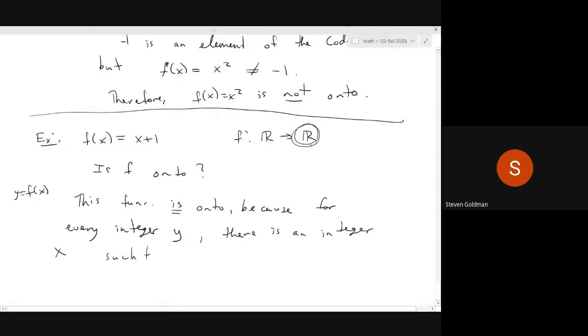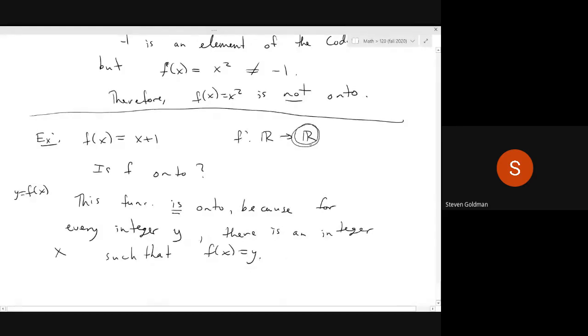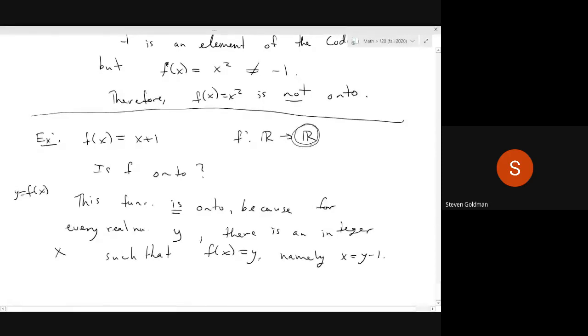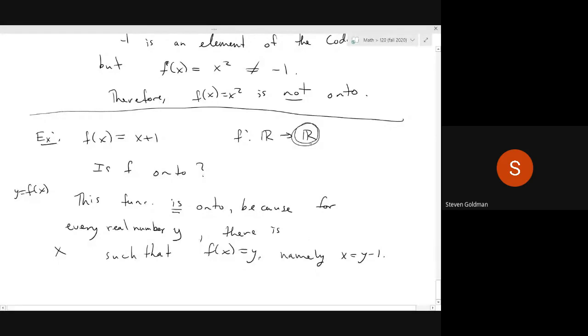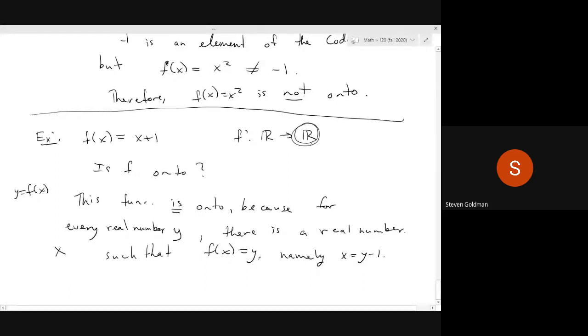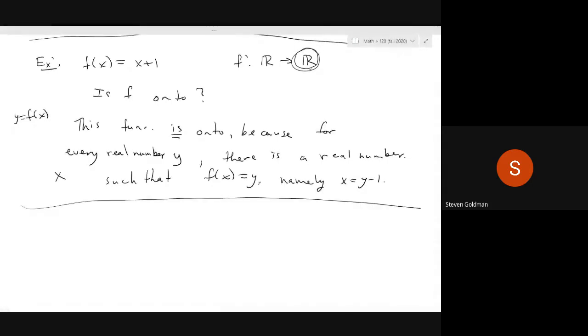For every real number y, there is a real number x such that f of x equals y, namely x equals y minus 1. All right, so that's onto.